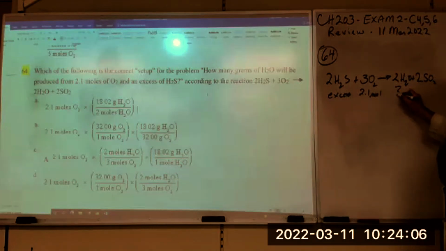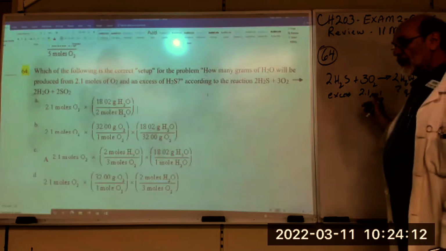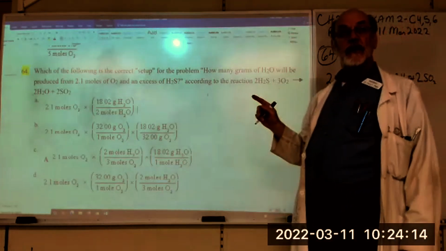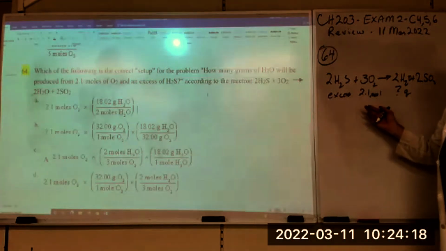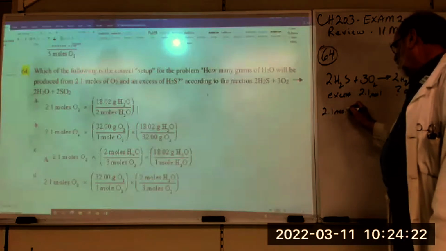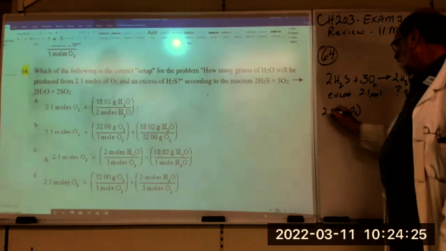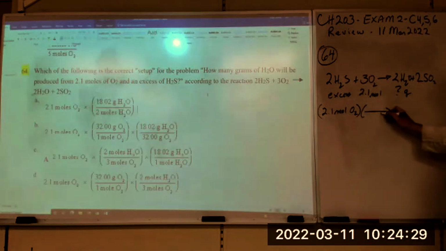So we want to know grams of water. Okay? Remember, in a balanced equation, you can't go anywhere unless you got moles. Right? We've already got moles right here. So we need to convert that many moles of oxygen into moles of water.